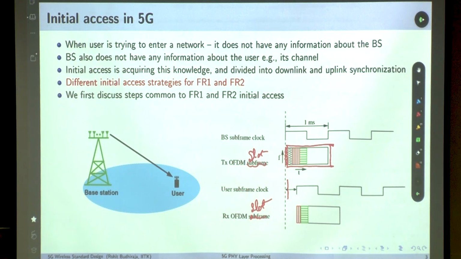Once it is synchronized in the downlink, I'm not talking about this phase, where there is this problem. It's synchronized in the downlink, so its definition of this slot will start from here with a certain delay.